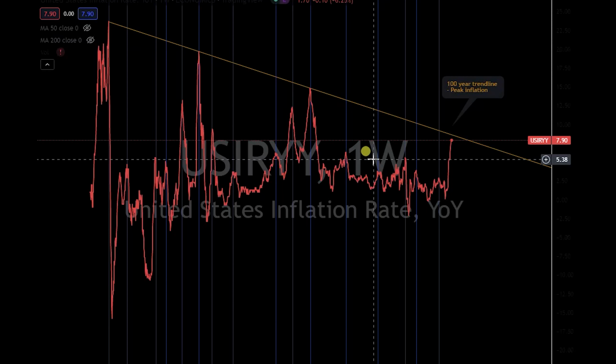If the Fed sticks to tightening for an above average time, let's say 2 to 3 years, which I don't think they will be able to, then inflation will come down.